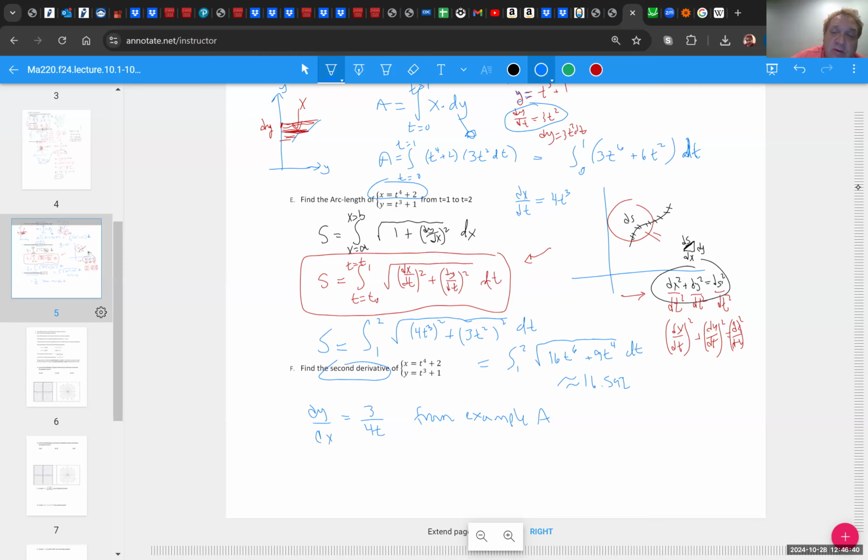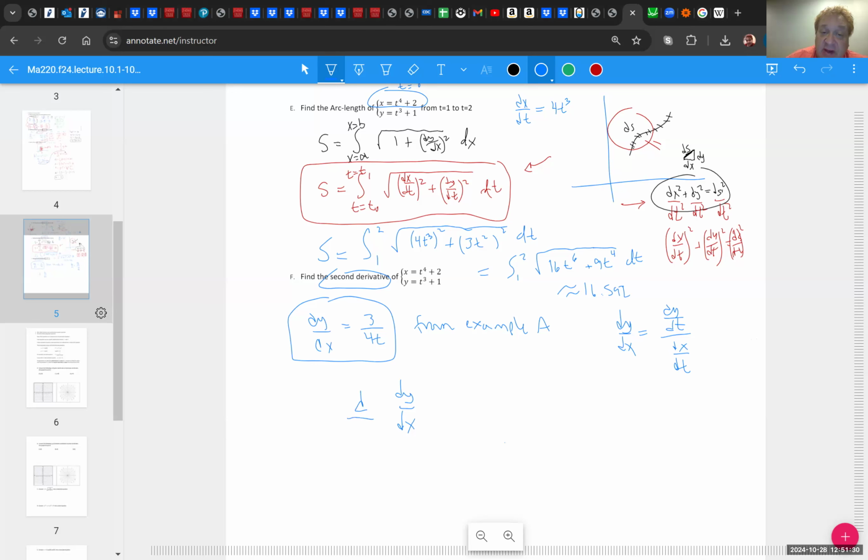Okay, so we're going to be able to take our dy/dx function, and it's 3 over 4t, by the way, and we can differentiate it, but the variable is t. So we're going to differentiate d/dt of our dy/dx function. So we're taking the derivative of the derivative, which is going to give us a second derivative.